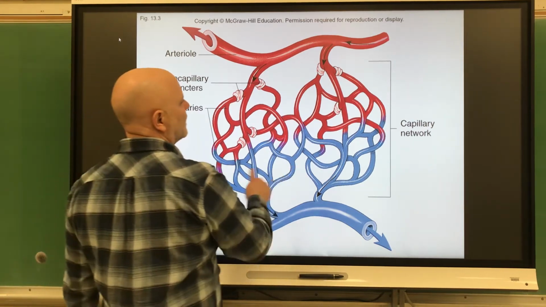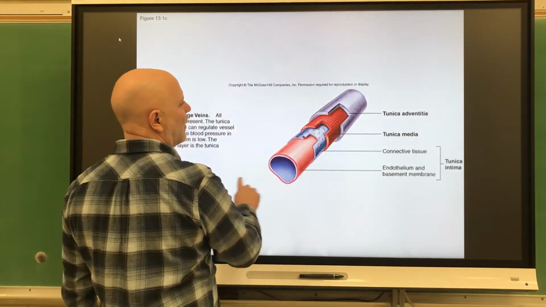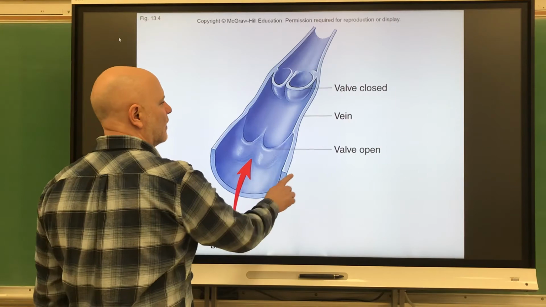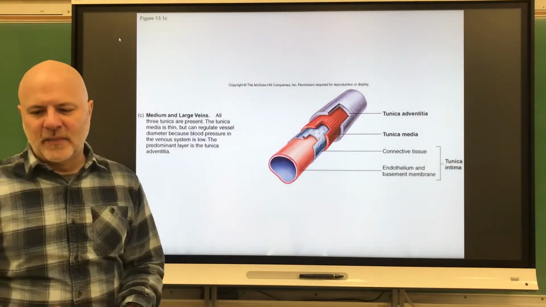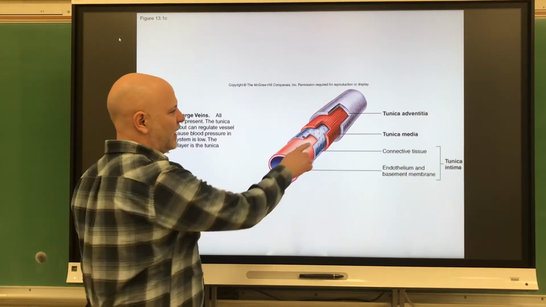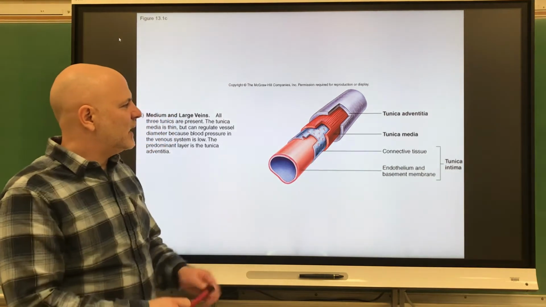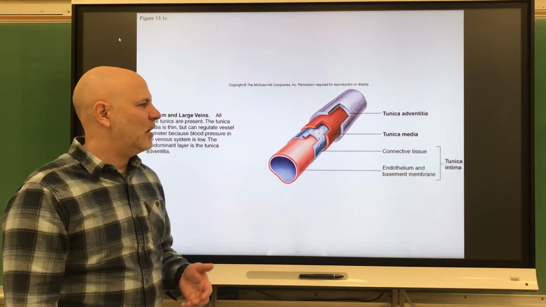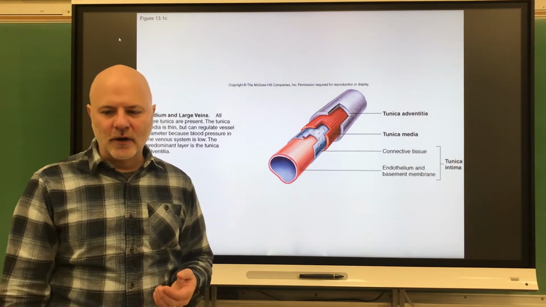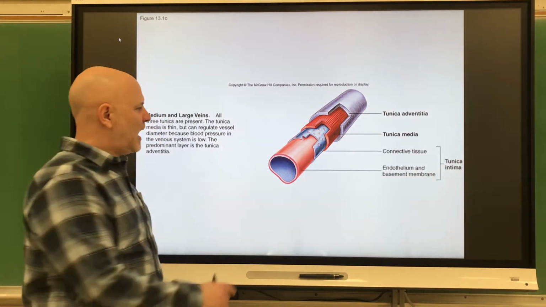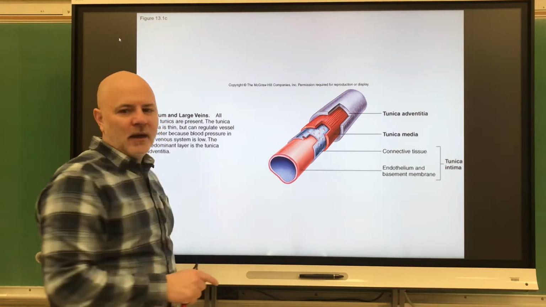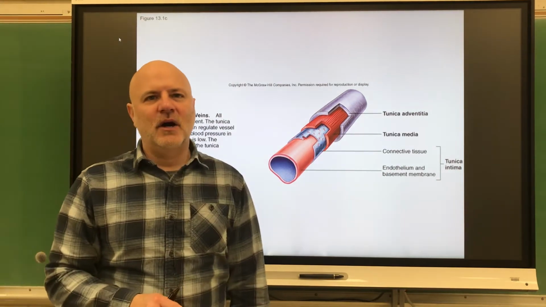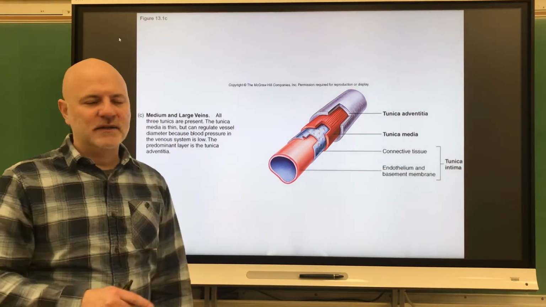So let's take a look at the structure of veins and how they are a little different from arteries. So one of the things about them is that veins have thinner walls, so that tunica media, the middle layer there, is much smaller on a vein than it is on an artery. All right, they have a larger lumen, an opening to them. So it is larger on veins than it is on arteries.